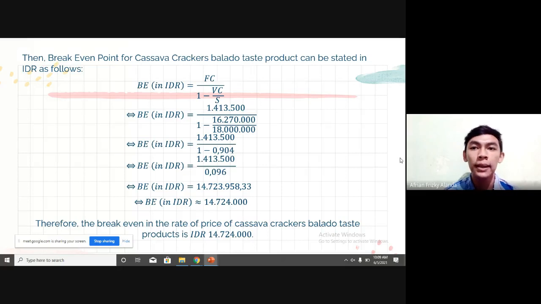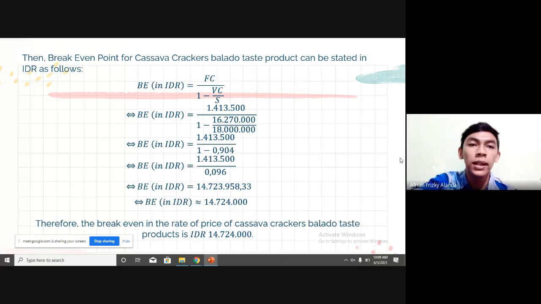And we get the break-even in the rate of price is equal to 14 million 7,024,000 rupiah.